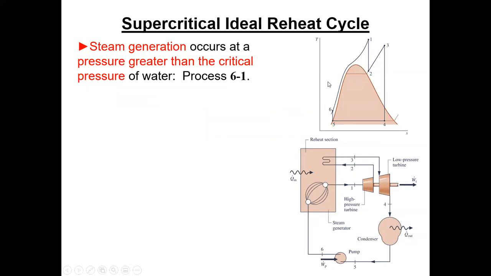Now it's pretty similar, except this pump is a big boy. It's going to pump up to a pressure greater than the critical pressure. The critical pressure, I think, is 3206. You can check me on that, but someplace real close, 3206 psia. So that might be 3,800, that might be 4,000 coming out of this pump.